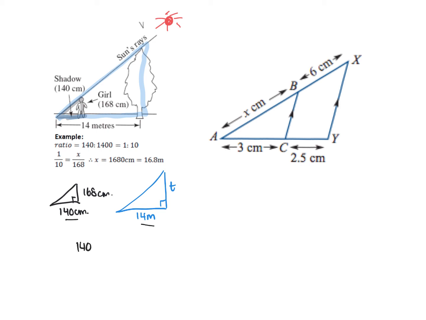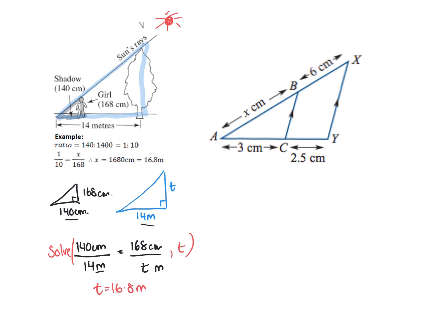I can leave it in centimeters and meters, as long as you're aware that when we find that T, it'll be in meters because we've used that there. So you can just pop in solve, comma T. They found the scale factor and then timesed it, but we can just use it like this, and we get T equals 16.8 meters.